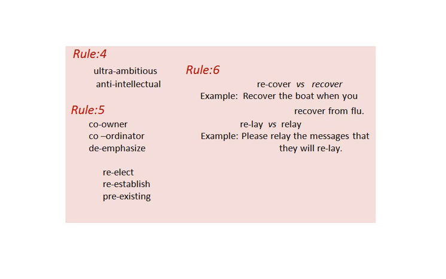The last letter of ultra is A and the first letter of ambitious is also A. The last letter of anti is I and the first letter of intellectual is also I. So it might cause misreading or mispronunciation if we don't use a hyphen here.